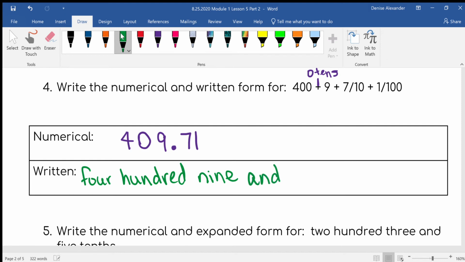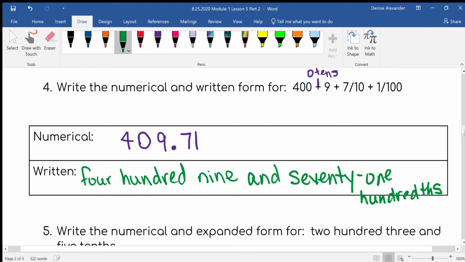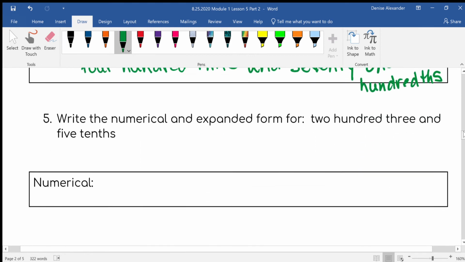And I write 7/10 and 100th. No, you guys are right. Read it as a number. So I'd write 70-hyphen-1. I don't have room, you guys, so I'm going to go down here. Hundredths. You guys are good. Thank you for correcting me. Got to remember that hyphen, huh?